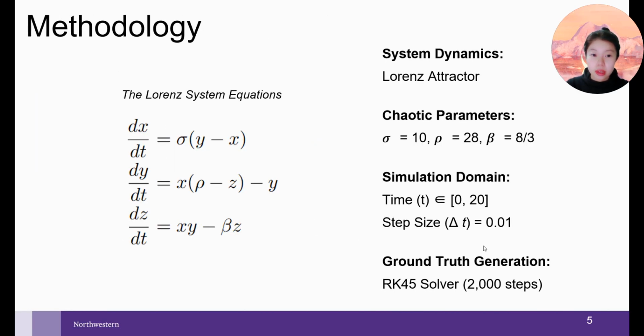For our methodology, we generated our ground truth dataset using the standard chaotic parameters for the Lorenz system. Sigma equals 10, rho is 28, and beta is 8/3. We simulated the system over a time domain of 20 seconds with a step size of 0.01, giving us 2,000 discrete data points generated via an RK45 solver.